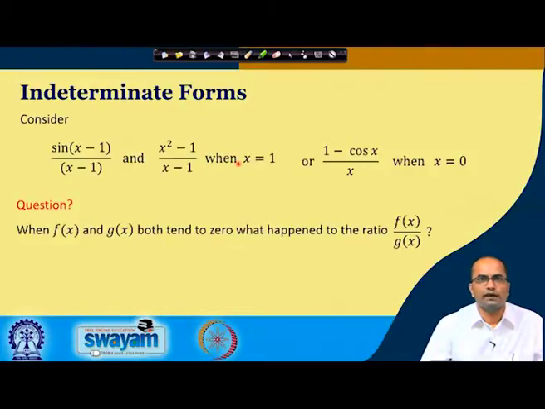In each of them f x and g x both tend to 0, and now we want to see what will happen to these expressions. In today's lecture we will see that for sin x minus 1 over x minus 1, we cannot simply substitute x equal to 1, but we can talk about the limit.